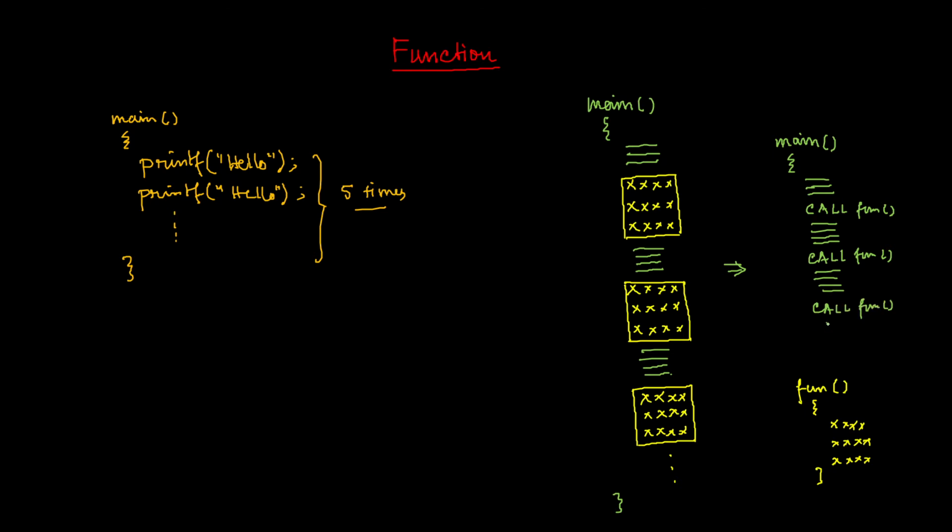So the solution we have found is that instead of writing the same piece of code more than once in the program, I will write that piece of code in a separate function, and I will call the function whenever required in the actual program.